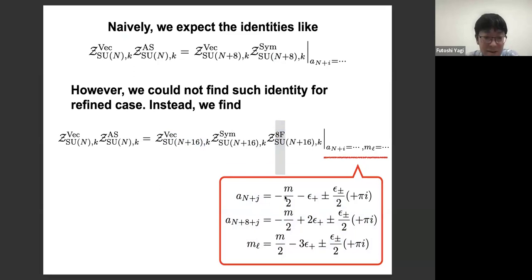So honestly, I'm not very happy about this mysterious adding of further extra 8 flavors and 8 color branes. But what I could do at the level of the refined Nekrasov partition function is this. Anyway, apart from the interpretation, it is at least computationally true that if we tune the Coulomb moduli and mass to be like this, then the left-hand side and right-hand side agree. So this is at least the correct observation.